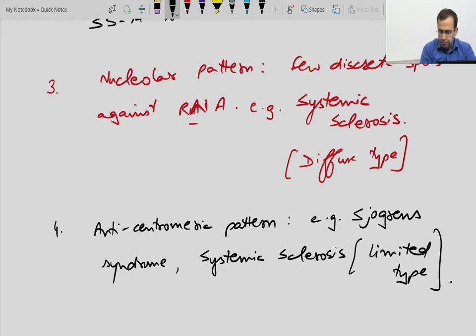These are the patterns of immunofluorescence with ANA.